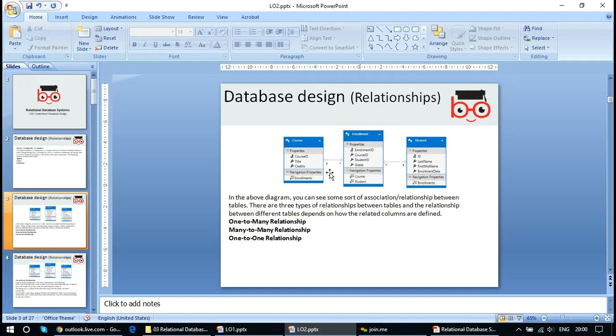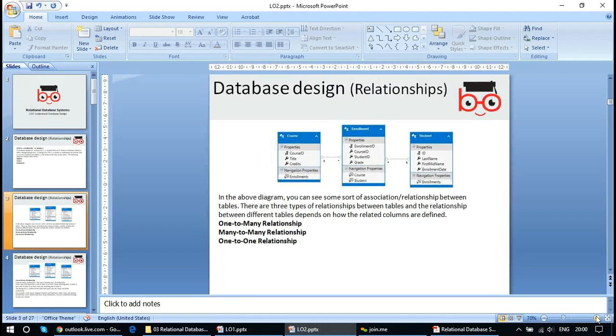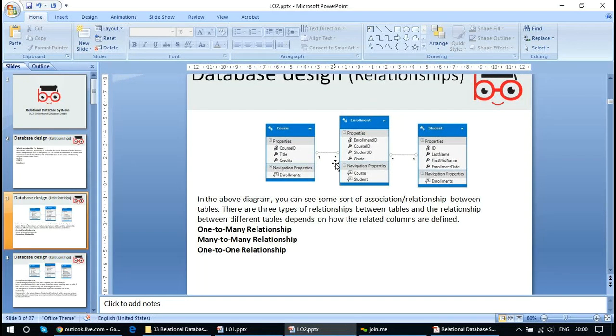One course is enrolled into the enrollment table many times. Make sense? Can you see the one and the asterisk? So one course is enrolled into the enrollment table many times.